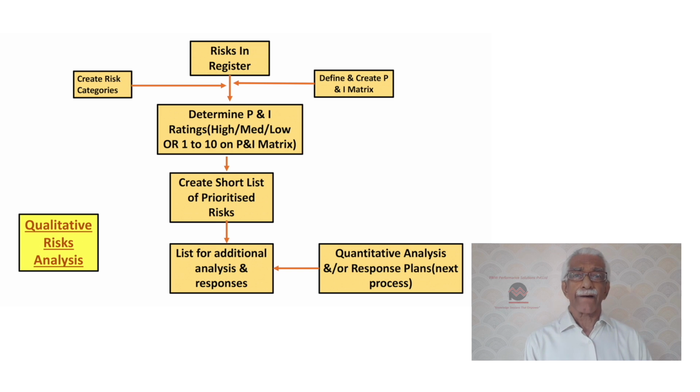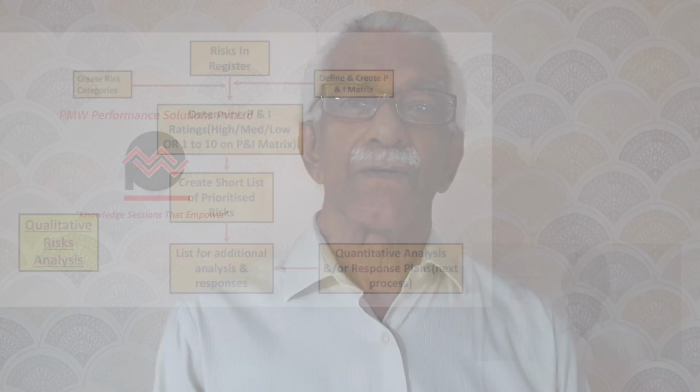Once we do that, we could also have a list of prioritized risks, which could give priorities to risks from the same work packages, risks from maybe other categories, which later on in response planning you can use to find the root cause and eliminate those entire risks. So that way we save time again. This is the whole idea of qualitative risk analysis. We will go into quantitative analysis in the next process.